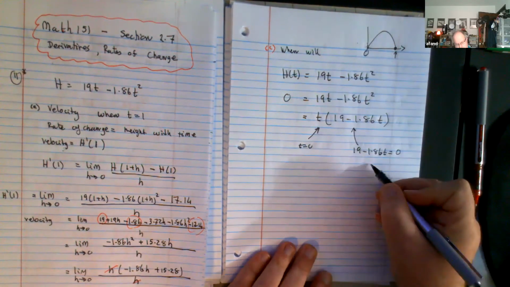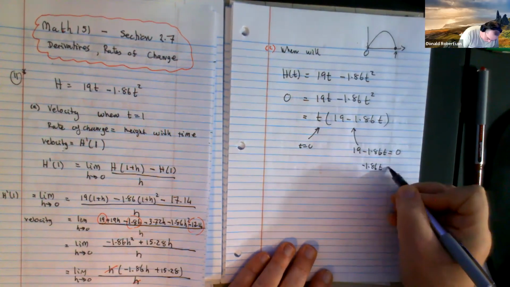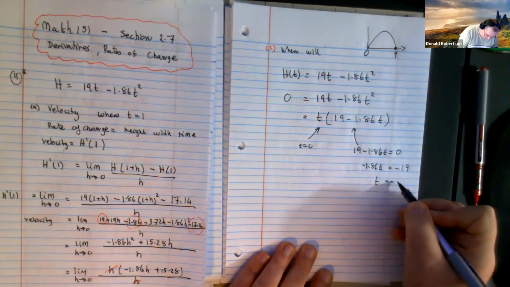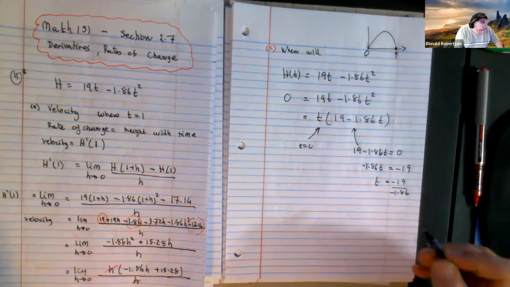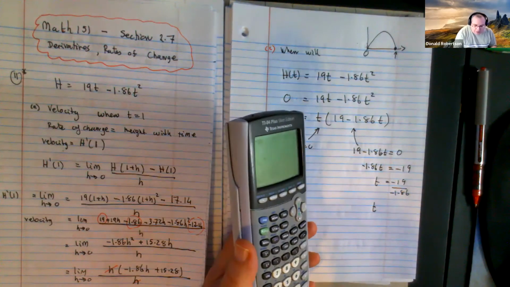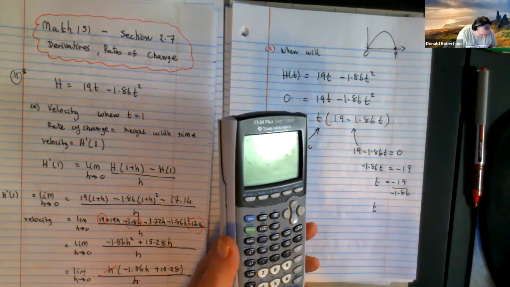Well, if you subtract 19 from both sides, and then you divide both sides by negative 1.86, you will get negative 19 divided by negative 1.86.